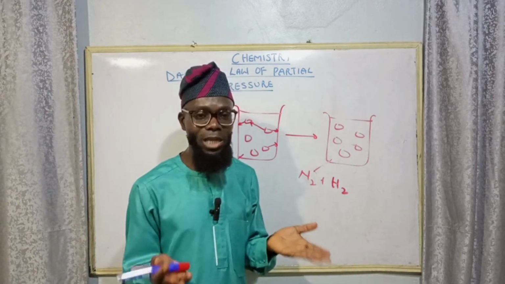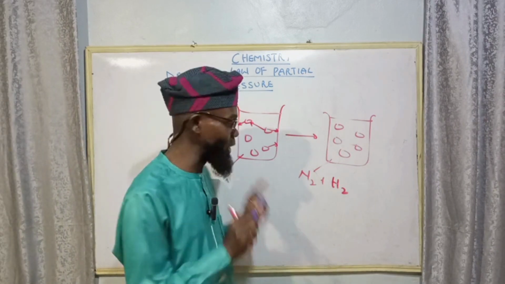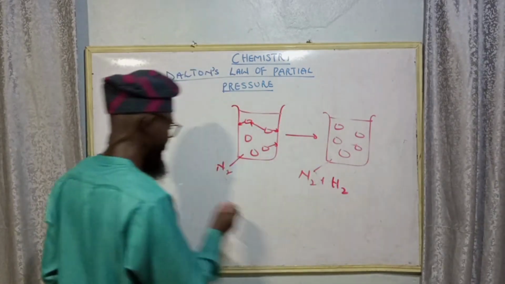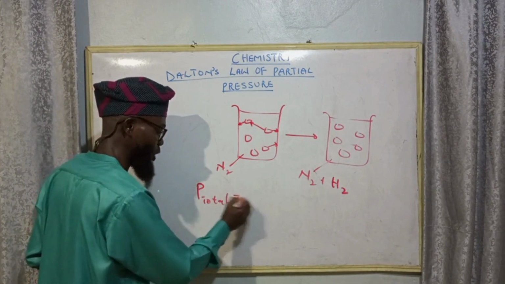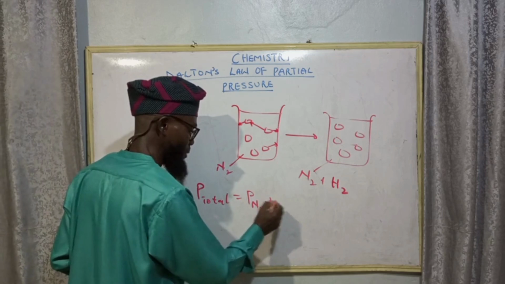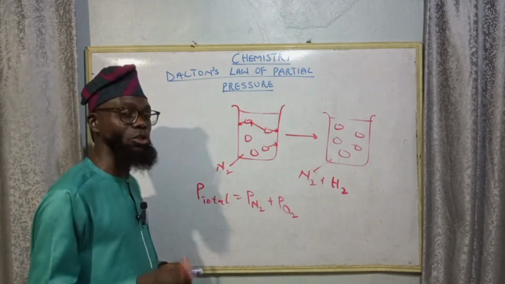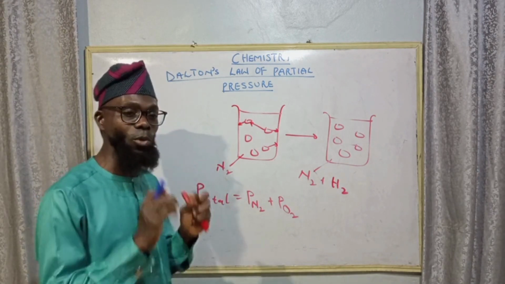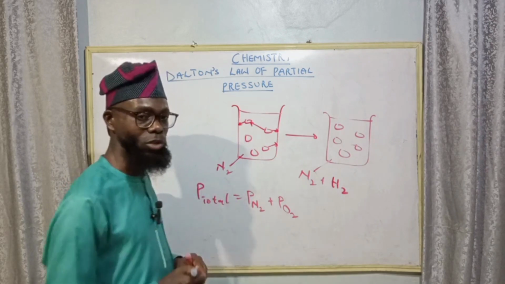Now, the total pressure in this case will be equal to the sum of the individual partial pressures. That is, total pressure equals pressure exerted by nitrogen plus pressure exerted by oxygen. So when we have more than two gases in a container, each will exert its own partial pressure onto the wall of the container.